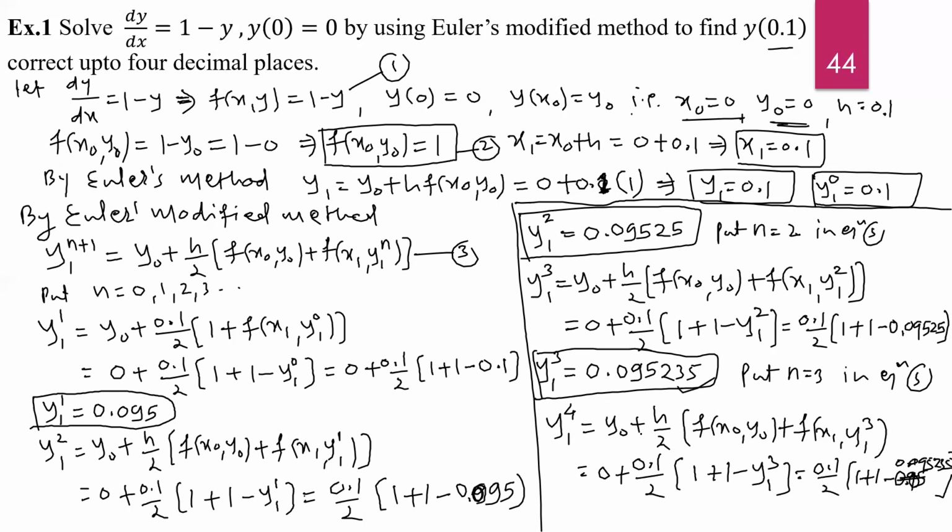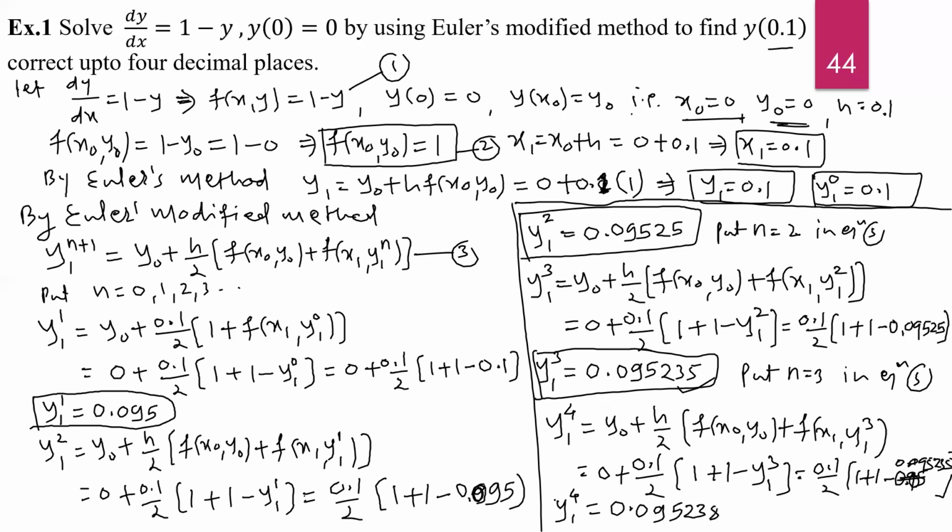We put this value, so we get y suffix 1 raised to 4 is equal to 0.09523.